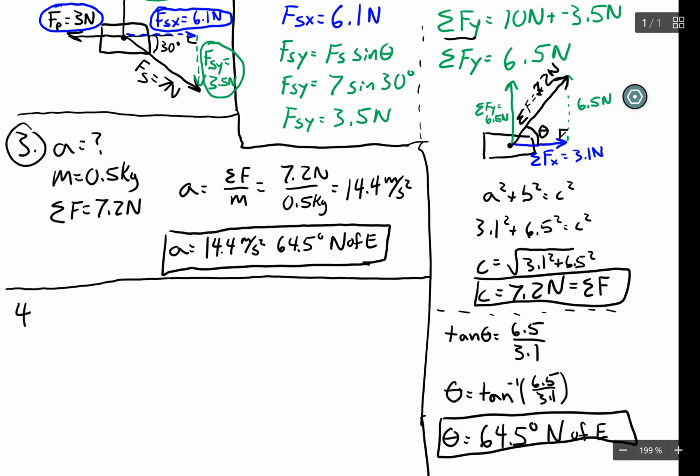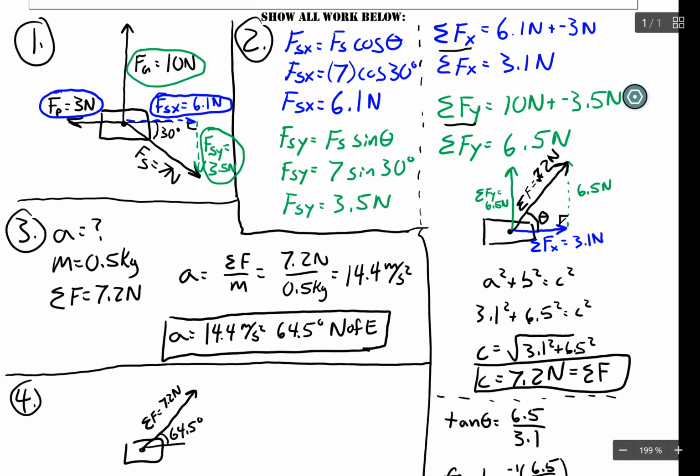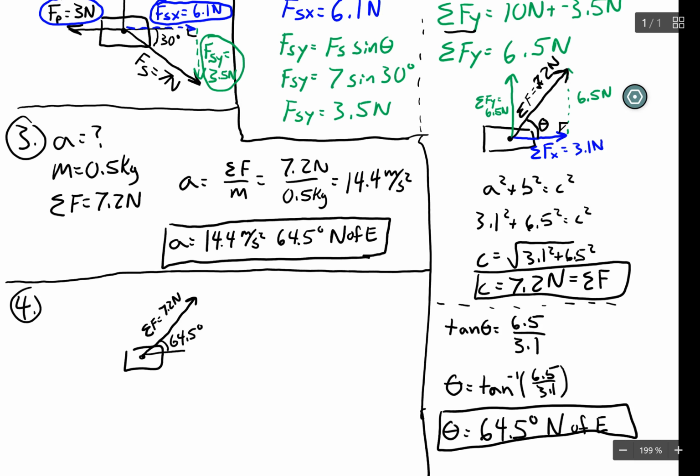So for number 4, you want to think about the net force. The net force we already calculated is 7.2 newtons, 64.5 degrees north of east. If Einstein's going to come along and try to balance out these forces, and again, the net force is the combination of all three dogs, so all three dogs boil down to this 7.2 newtons.